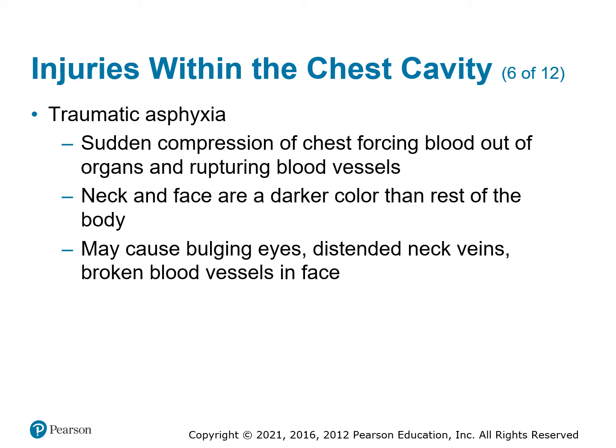The pressure may also cause things like bulging eyes and distended neck veins. Like we talked about, it's going to break the vessels in the face. So it is a very significant amount of pressure that does this. And like I said, it is almost always lethal for the patient.